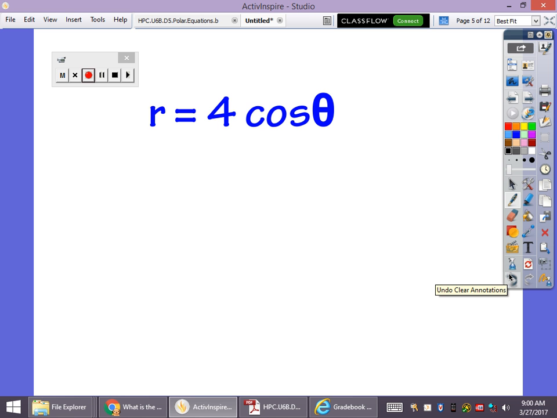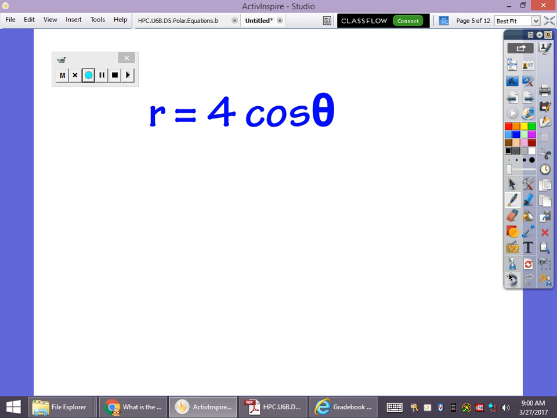Okay, so you just told me a minute ago that r squared is x squared plus y squared, yes? So I want this to be an r squared. How can I make it an r squared? Okay, the first thing I heard is that I would square it, right? So what I do to one side, I do to the other.